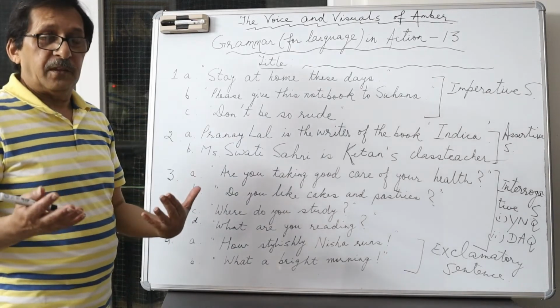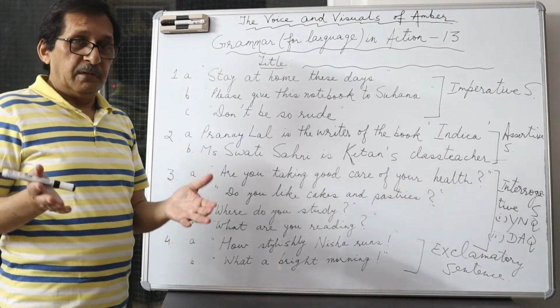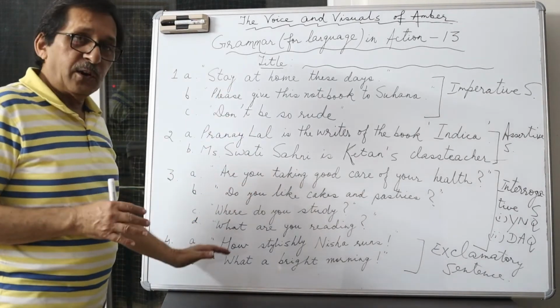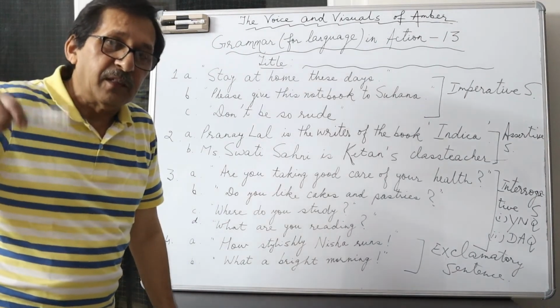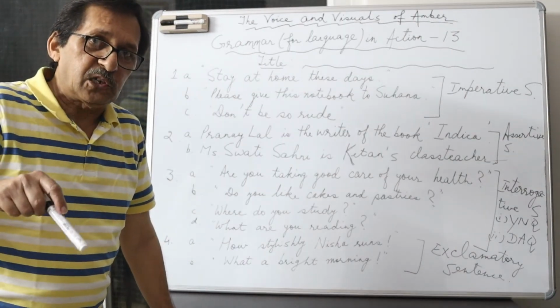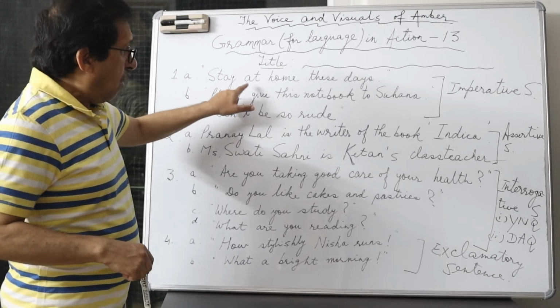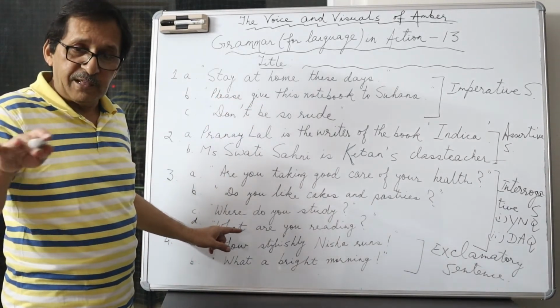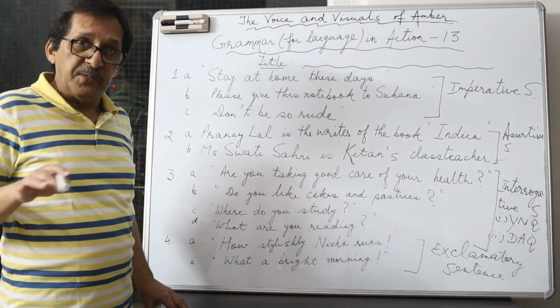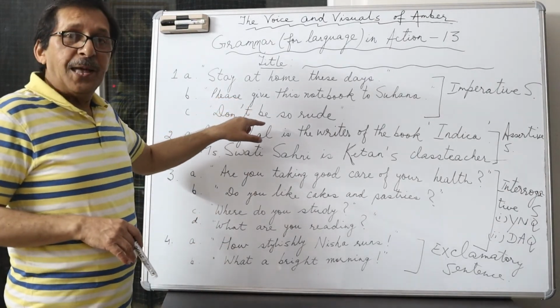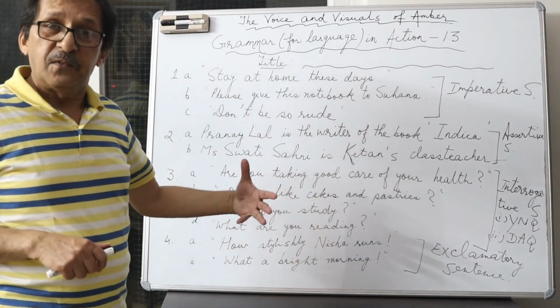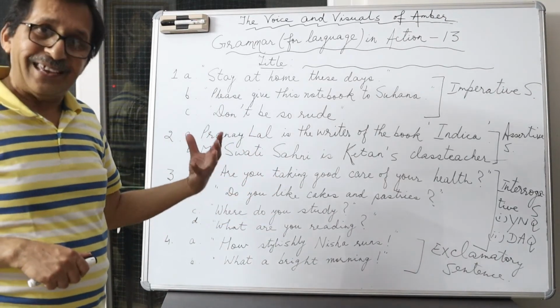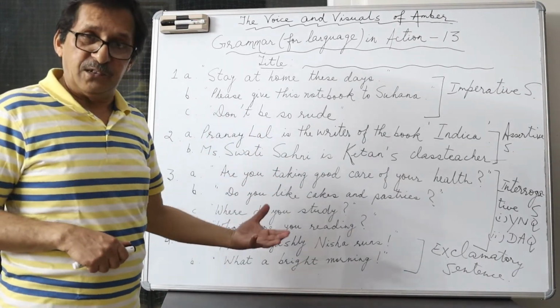So I thought it's always much better to take up these four kinds of sentences and then to take up direct speech and indirect speech of each of these four kinds separately, one by one, and thereby also analyzing the structure of each of these kinds of sentences.